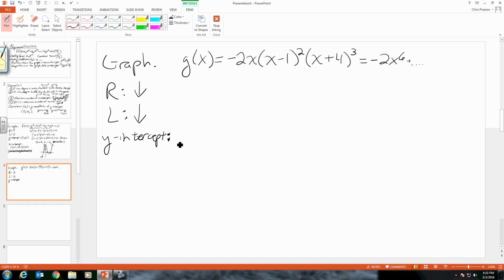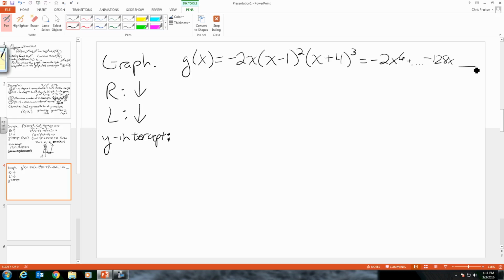All right, to find the y-intercept, you could just plug in 0 here, or again, it's the constant term, so you could think that's the last term. So just like how you can multiply first times first times first, you can multiply last times last times last here. So if I multiply 4 to the third times negative 1 squared, 1, times negative 2x, I'm going to get negative 128x, which is not the last term.